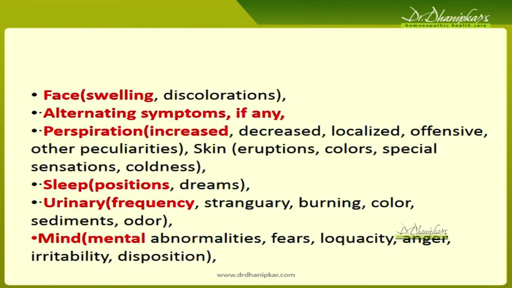If there is any alternating symptom, a peculiar perspiration during fever or during chills, any particular position that the patient adopts during fever, any urinary symptoms during fever, any mental abnormalities like loquacity, anger, fears or dreams during fever. This will help us to understand the concomitants.